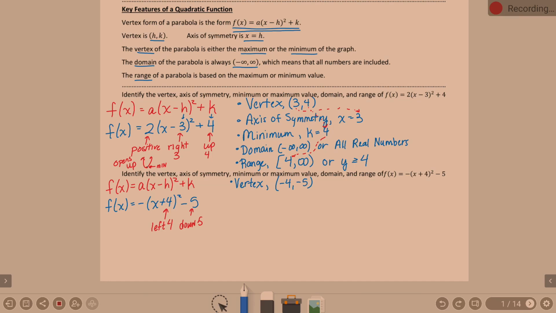Axis of symmetry. X equals negative 4. Okay. It's always x equals the x value, right? So x equals negative 4. Always the first number from the vertex.